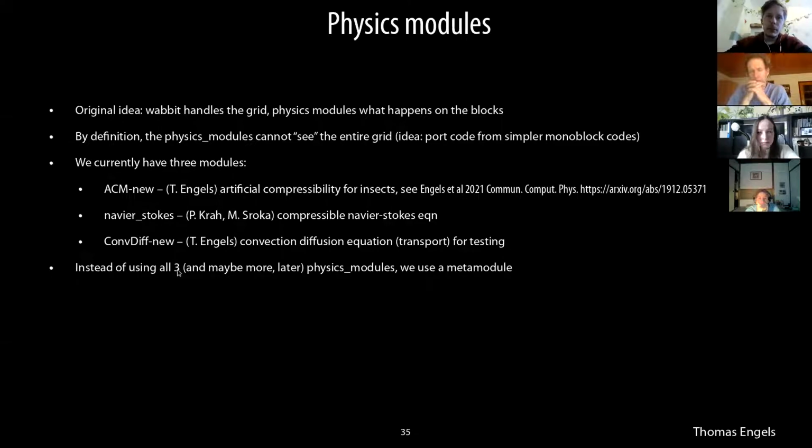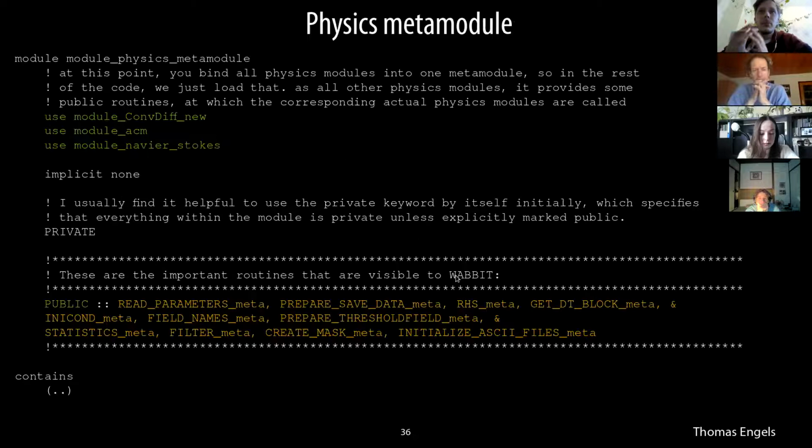And instead of using all 3 of these codes in terms of Fortran use statements, we use a meta module. So this is the meta module. It's simply called physics meta module. And here it just includes the different physics modules, so that in the WABBIT code, we always just use this meta module, and it itself encapsulates all the other physics modules, if in the future we want to add something new.